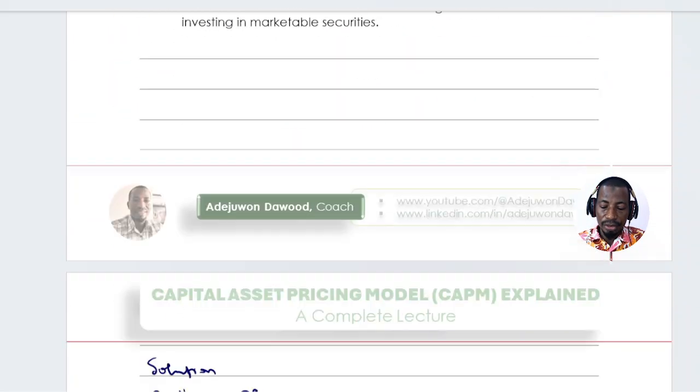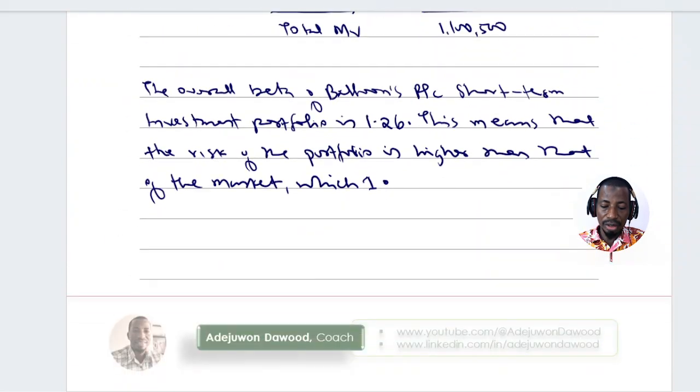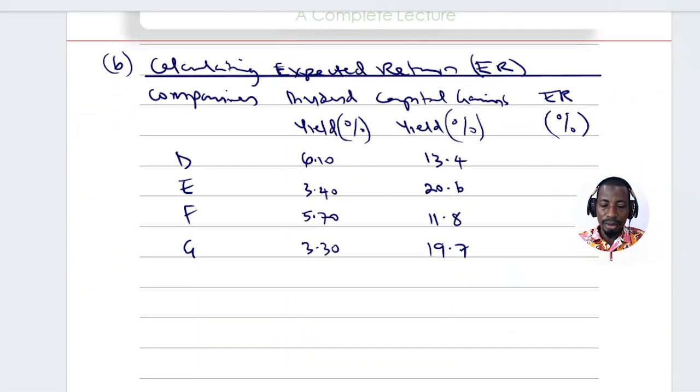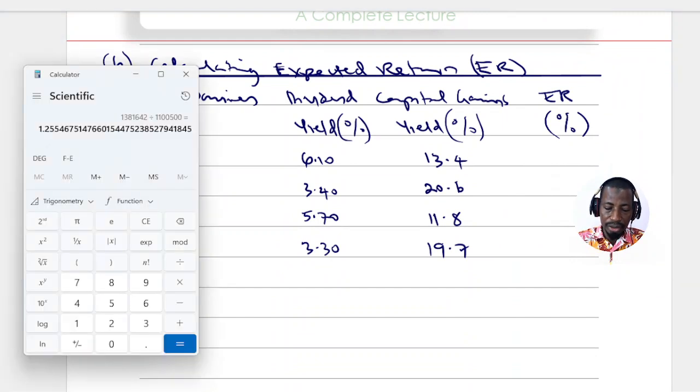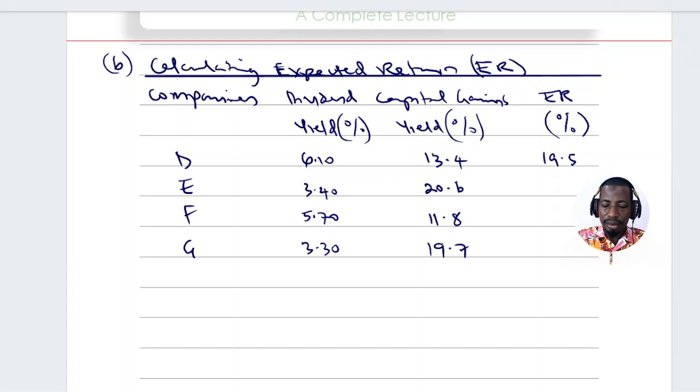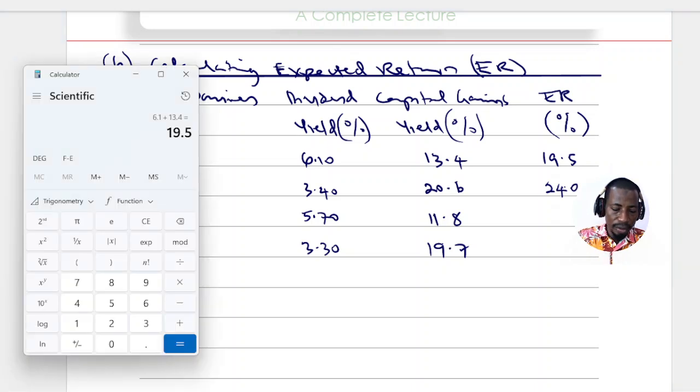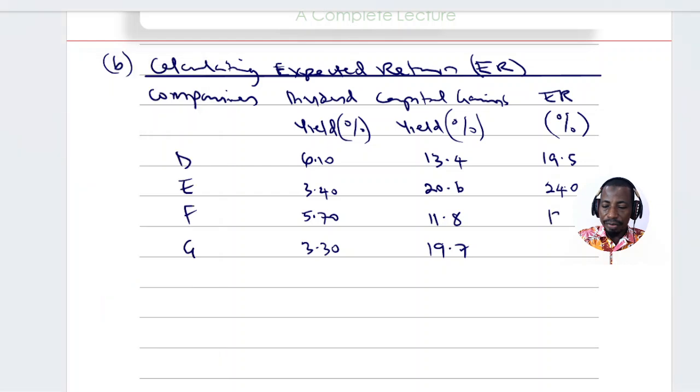Yeah, it is. So to now get the expected return, I'm expected to add up the two returns together. So this will now be equal to 6.1 plus 13.4 equal 19.5%. Here will be 24.0. Then here will be 5.7 plus 11.8 equal 17.5%.